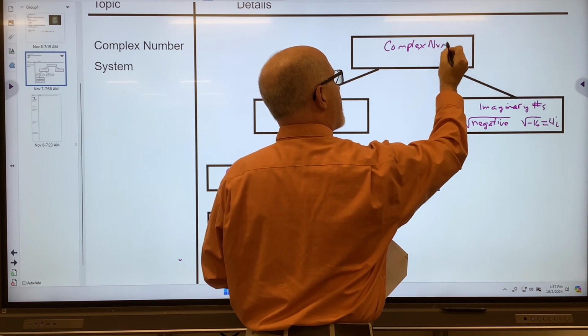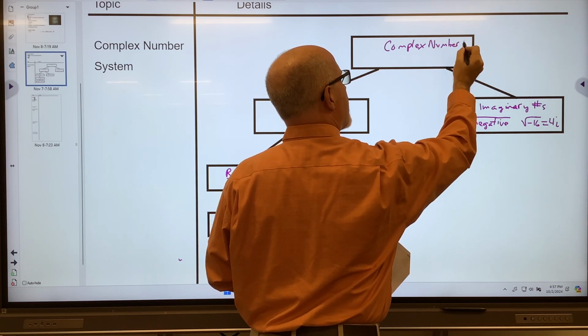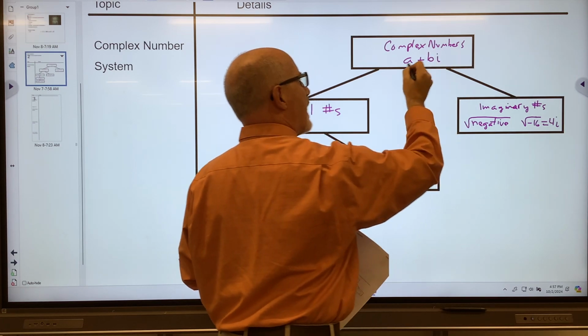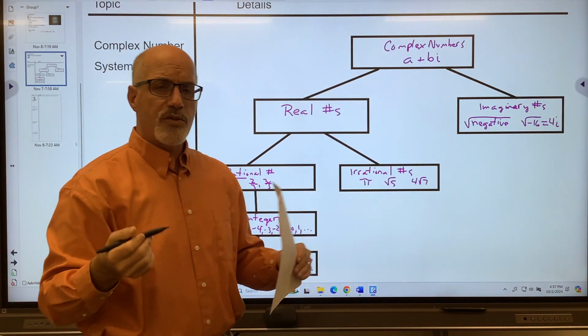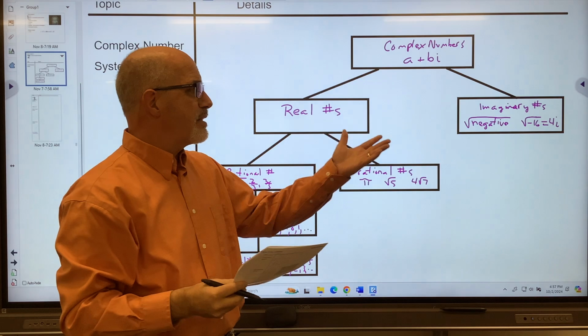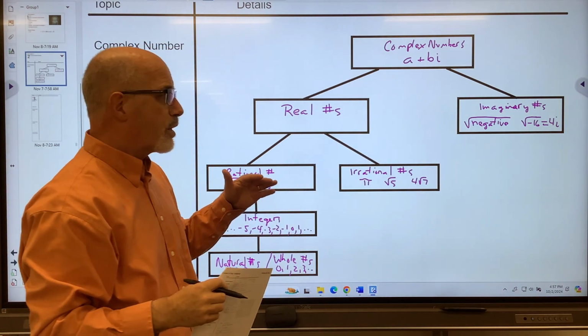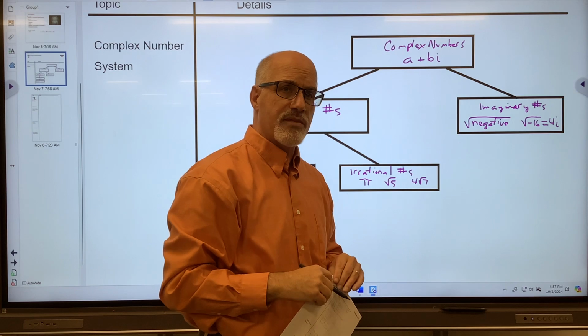And that's the topic. We're going to do an introduction to complex numbers. They're in the form of a plus bi, where a and b are usually integers, and i represents the imaginary unit that helps us take care of working with the square roots of negatives.